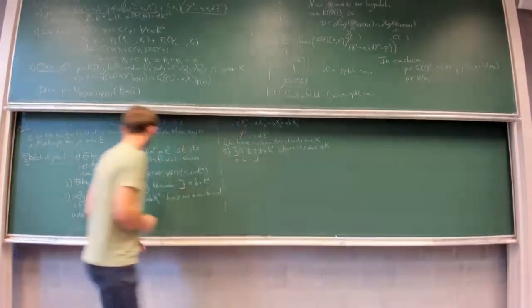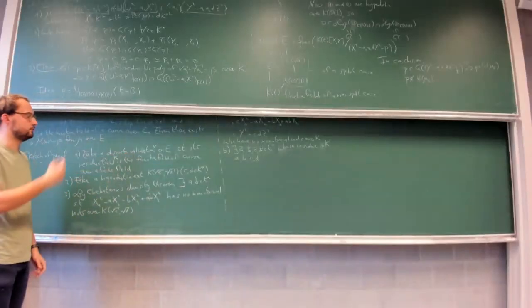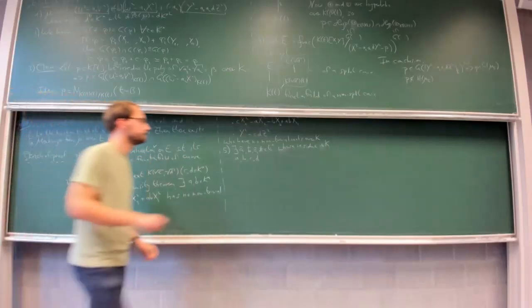Good. And so now we have a discrete valuation, so we can take, up to potentially rescaling, an element of value 1.